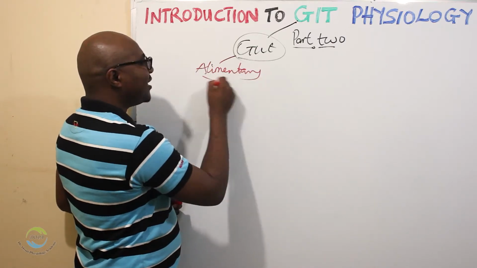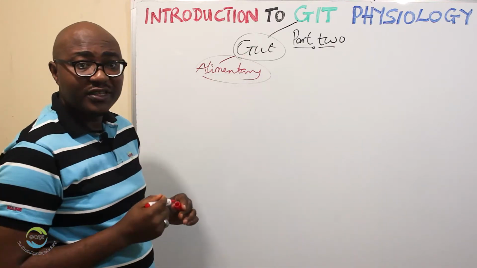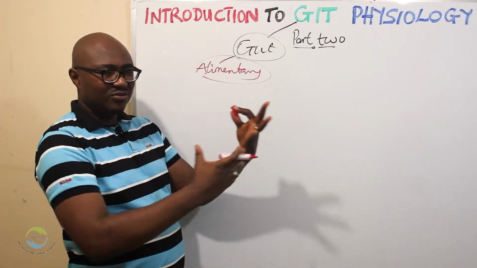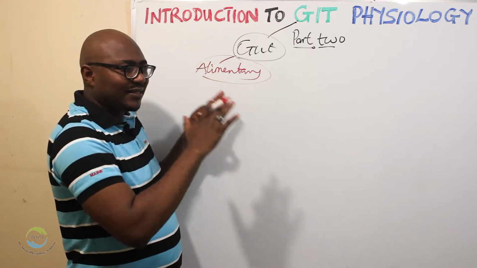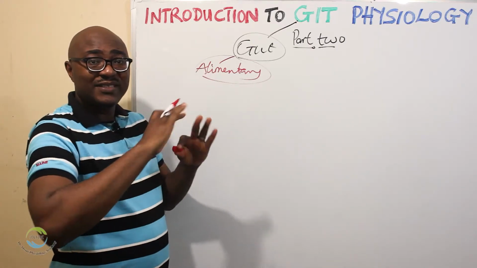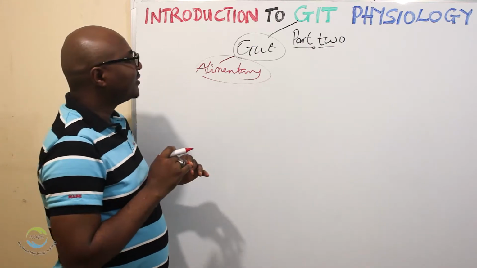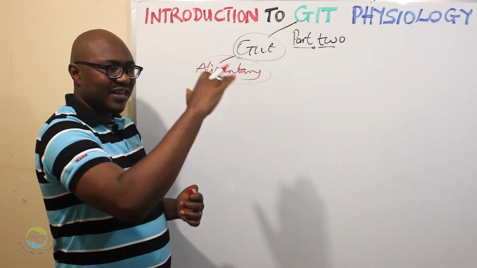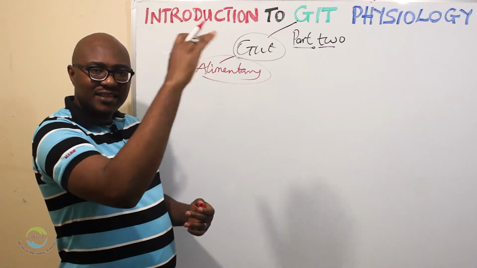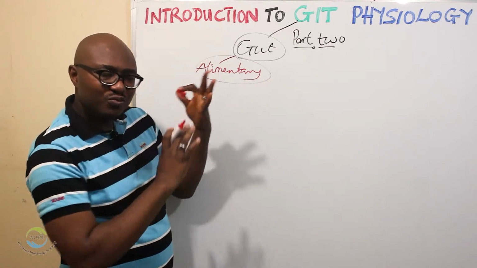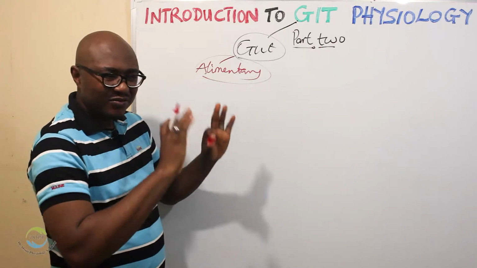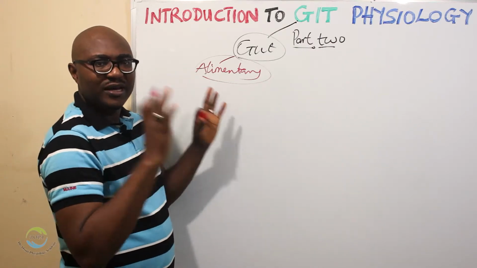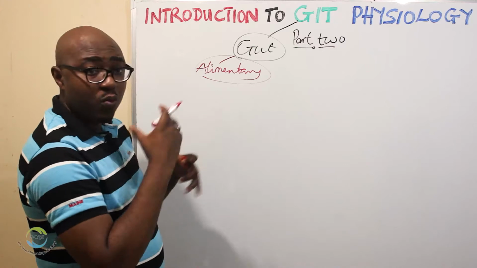In part one of this lecture, we talked about the different parts, how they are separated by sphincters, and the different layers: longitudinal layer, serosa, circular smooth muscle layer, submucosa, mucosa, epithelium, microvilli, all those structures. You can look for the video and watch.